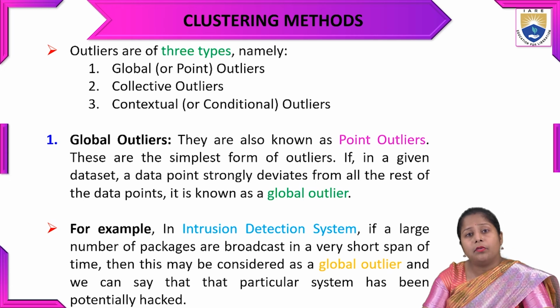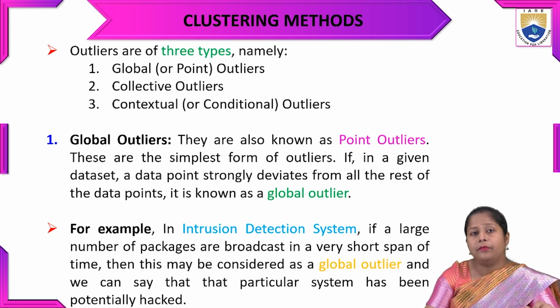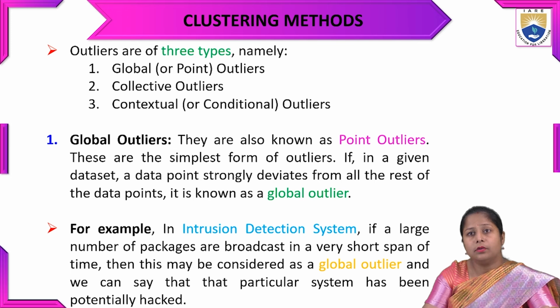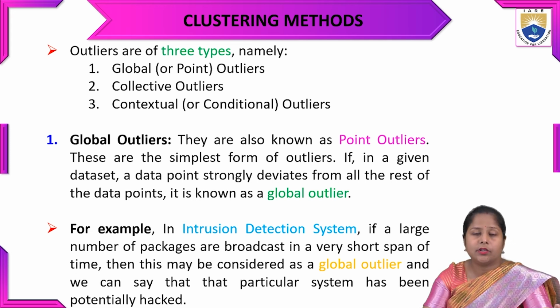Outliers can be of three types basically: global or point outliers, collective outliers, and contextual outliers. First is the global outlier, also known as a point outlier. This is the simplest form of outlier. If in a given data set a data point strongly deviates from all the rest of the data points, that is known as a global outlier.